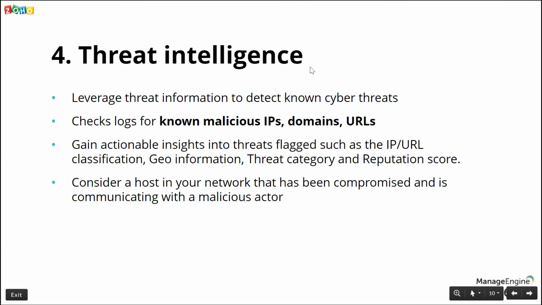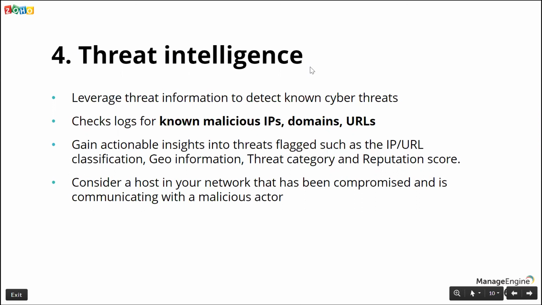You might want to see why this domain that is appearing on a threat list is actually communicating with your network. At that point, you might want more actionable intelligence into the threat that has been flagged, such as the classification of the IP or URL, the geoinformation, the category of the threat, and the reputation score.